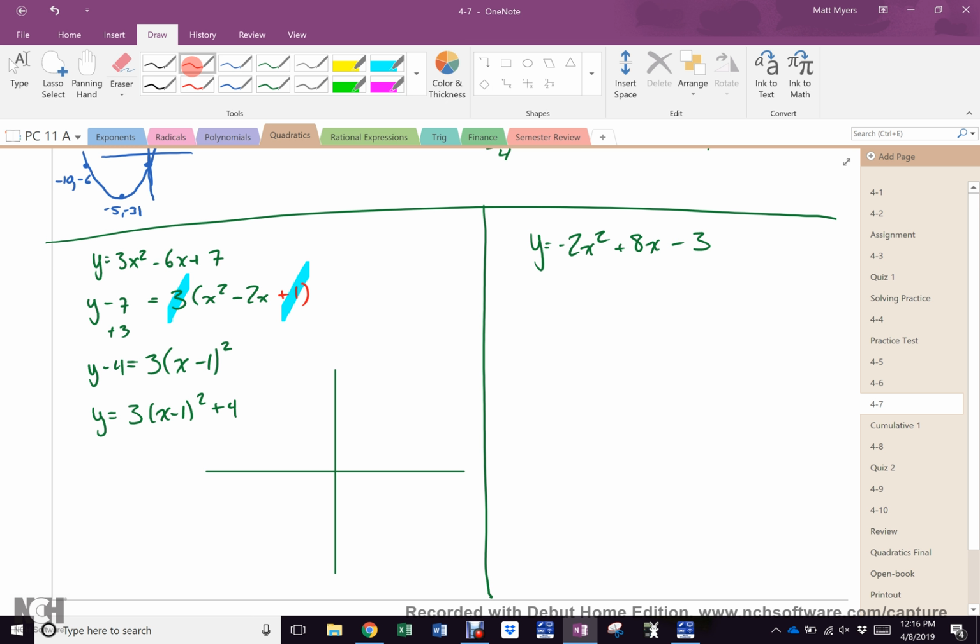You can tell me 2 of the points on this graph without actually doing anything.